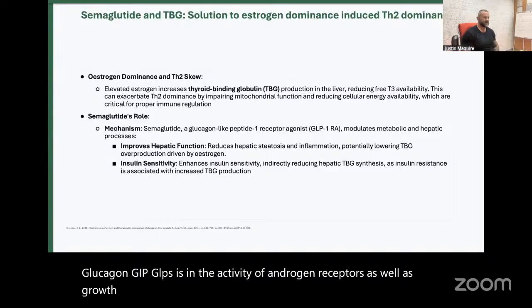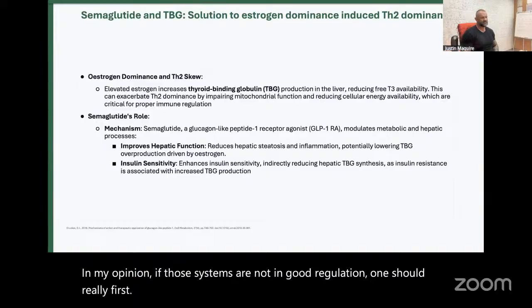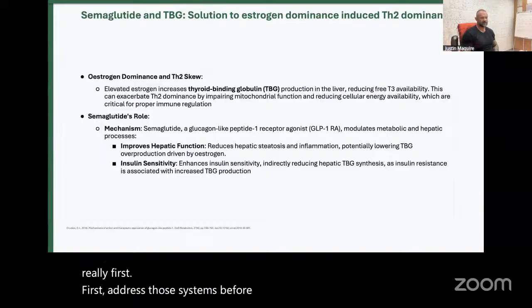In my opinion, if those systems are not in good regulation, one should really first address those systems before you put this weight loss silver bullet into the equation.